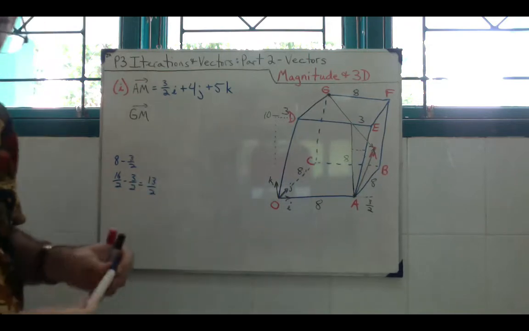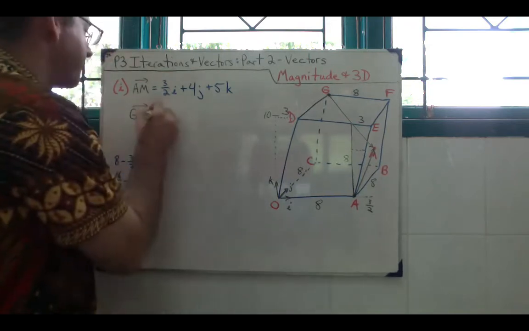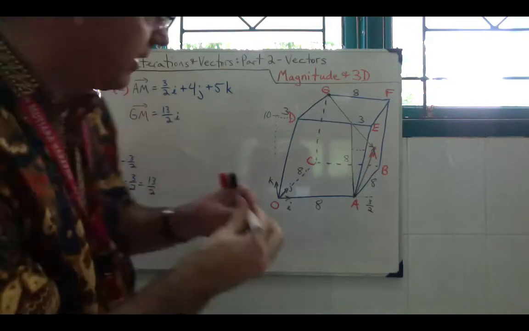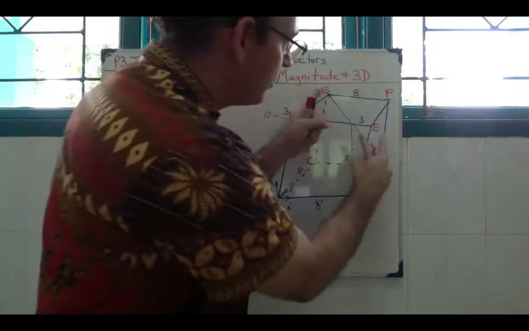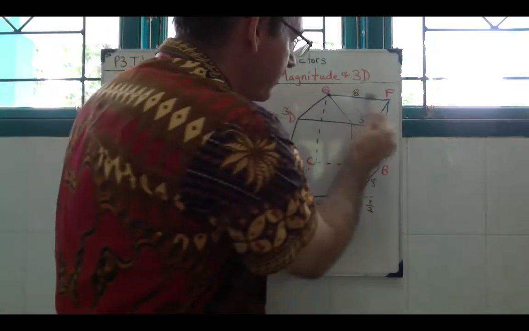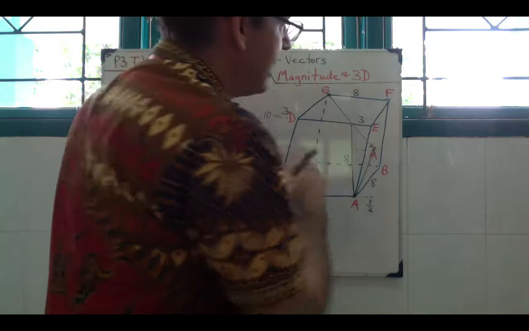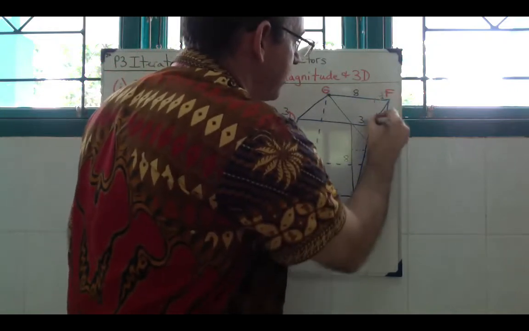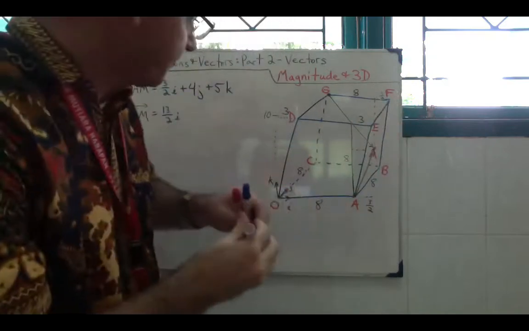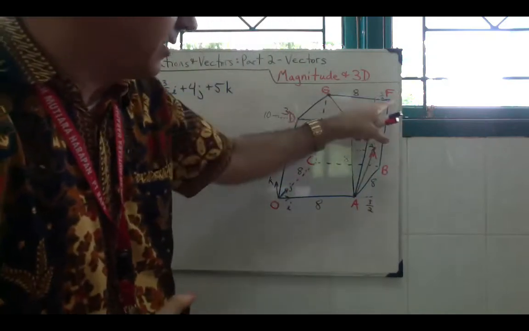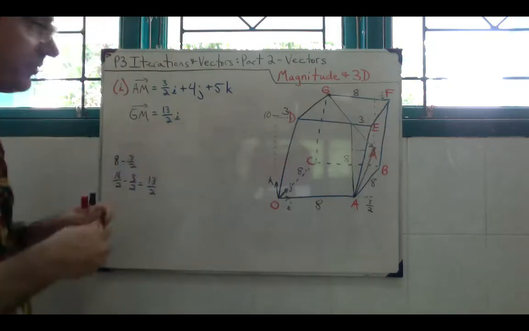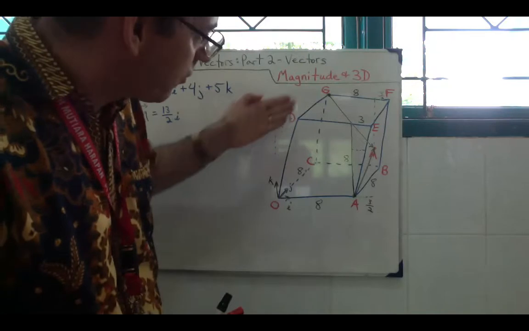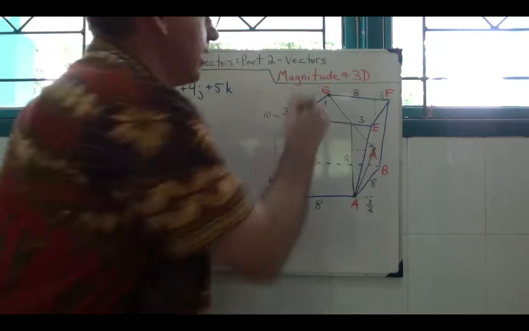So we want to take our 13 halves I. That's how far it is from G over to M on this. So it's kind of like 8 and then back 3 halves. This is what lines up with the M. 8 is the total minus the 3 halves. So that's the 13 halves. Then as far as the J, this was all the way in on the J.